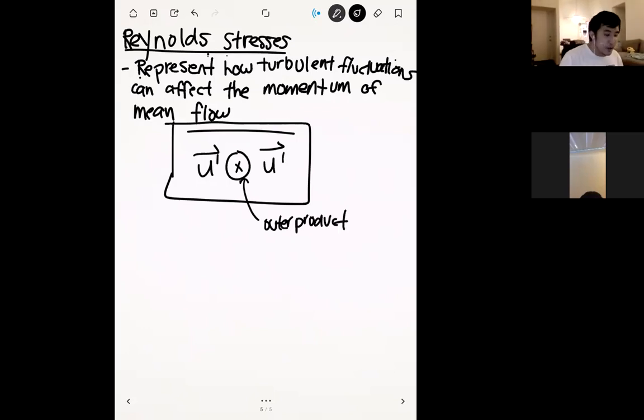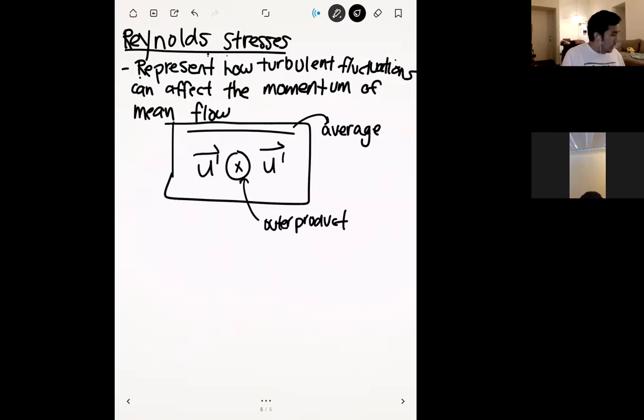And then we take that entire quantity and we average it. Remember, this overbar notation denotes an average. And by doing that, this is the form of the Reynolds stresses.